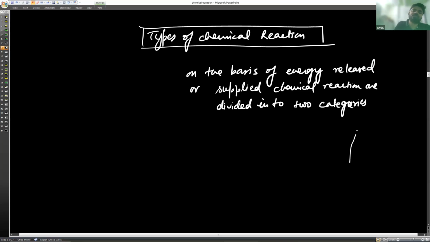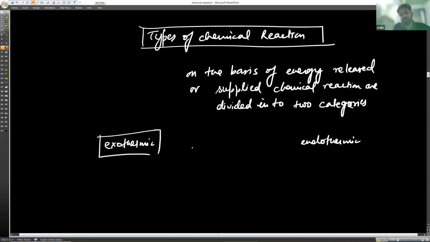The first one is exothermic reaction. Another one is endothermic. Exothermic and endothermic reaction.